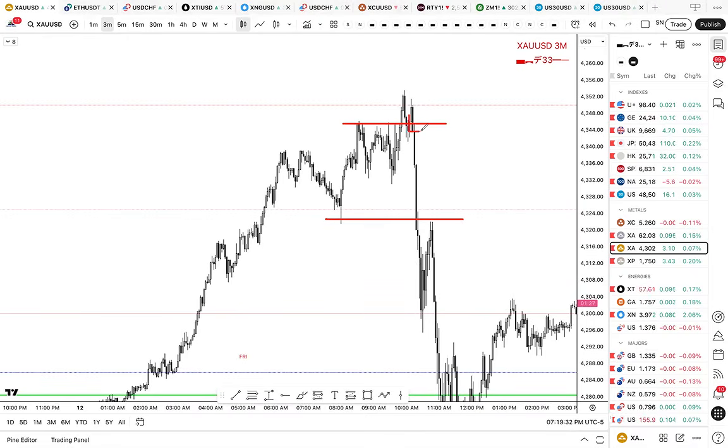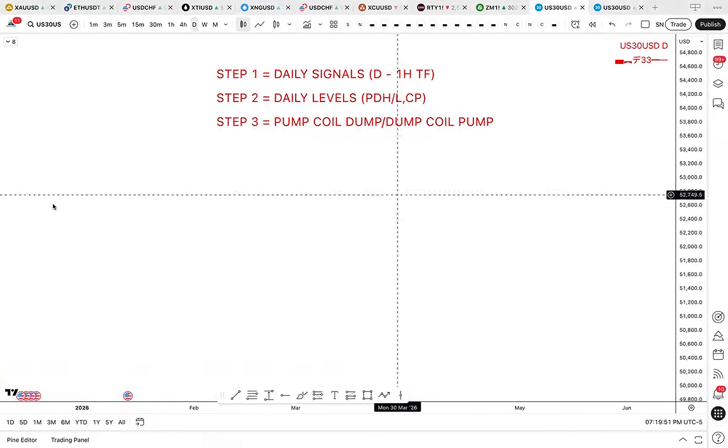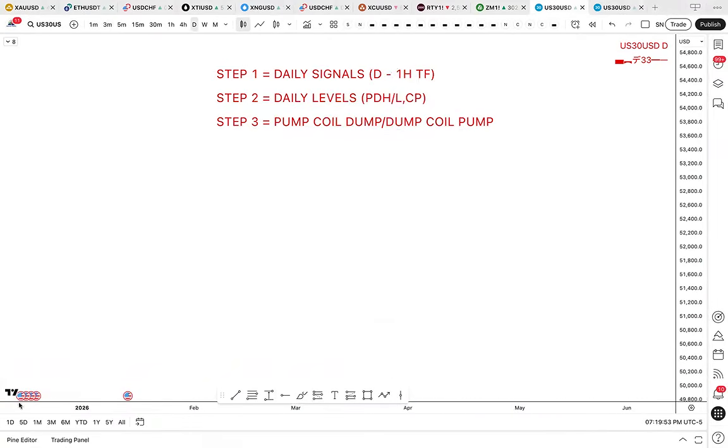Your starter position can be the edge. You can scale in as they're breaking structure. And then when they're retesting, now again, I honestly don't even need to make a video about this. What you need to do is your homework. What is the homework? Draw these out. Draw these out.